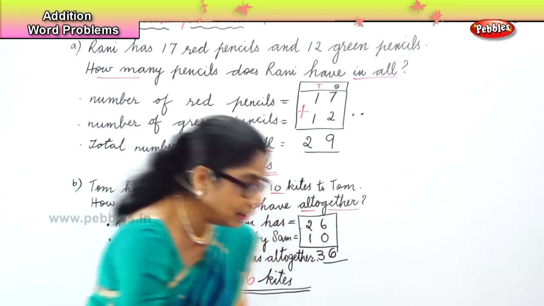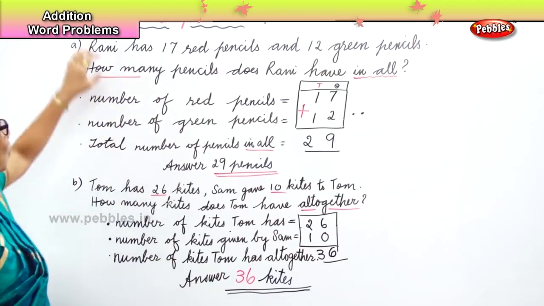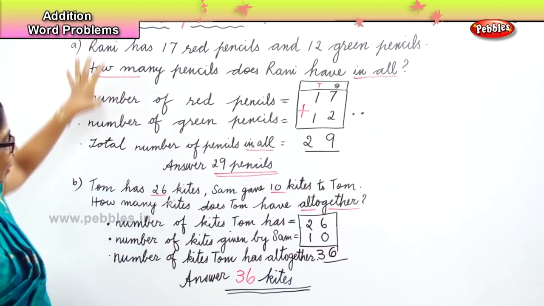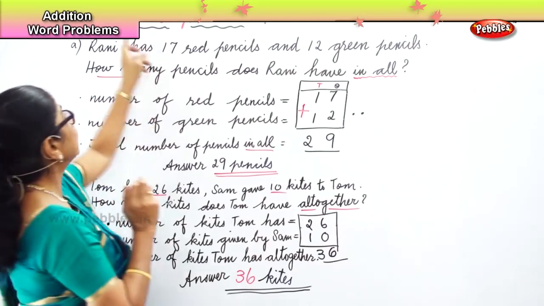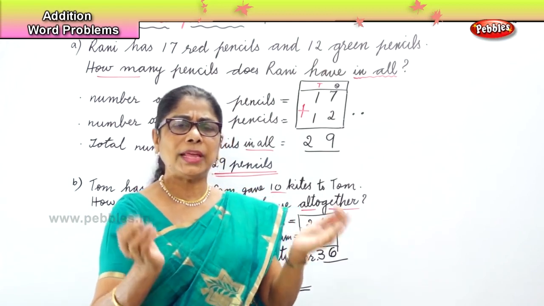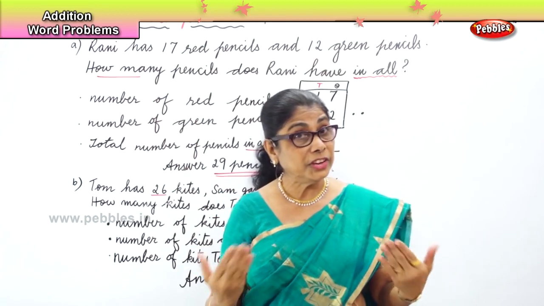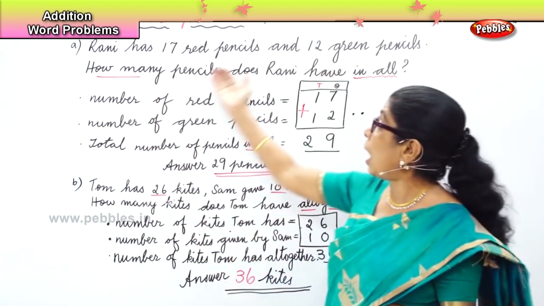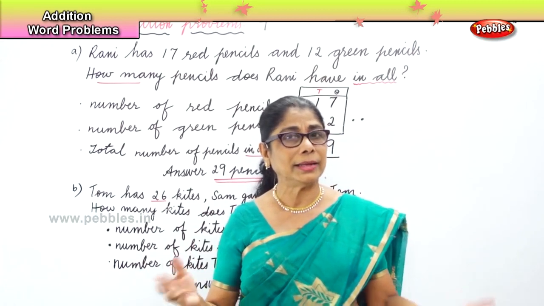Now let's look at the problems. We have two problems here. One we have done here and two here. The addition problem always comes like a tiny story. The first story says Rani has 17 red pencils and 12 green pencils. It's the story of Rani.